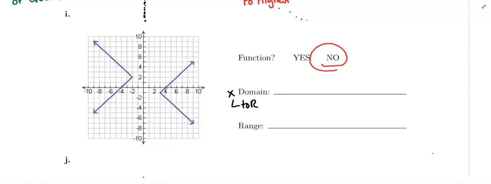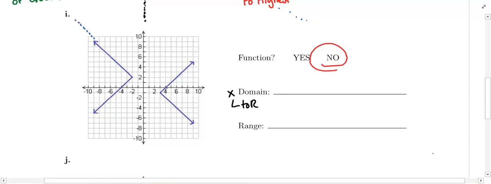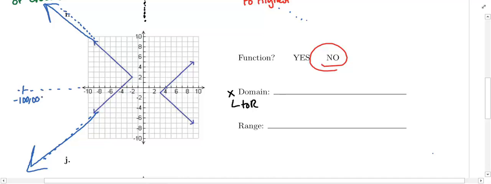Remember with these arrowheads, the graph is going this way forever and it's going this way forever. So the graph is traveling to the left forever. So if you're way out here, say at negative 100,000 on the x-axis, you will certainly find an output either above or below. So this portion of the graph is covering it.